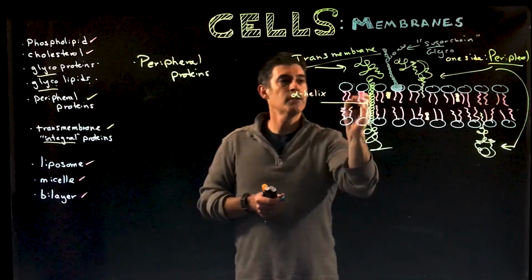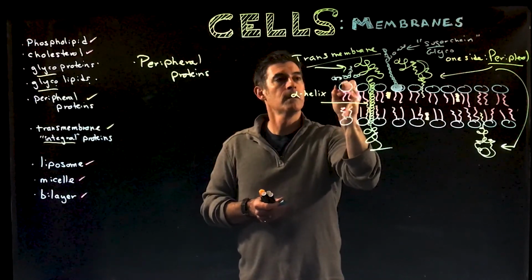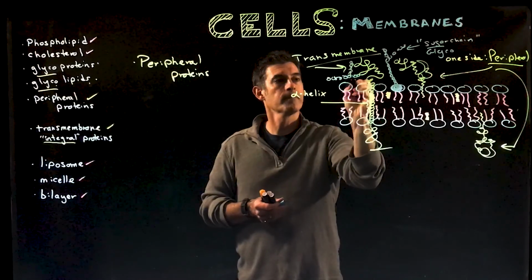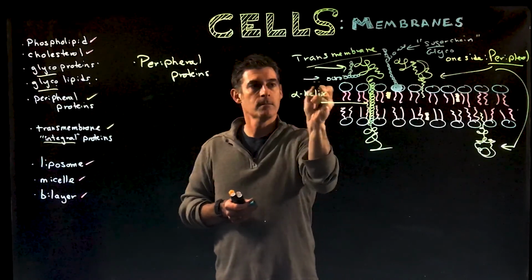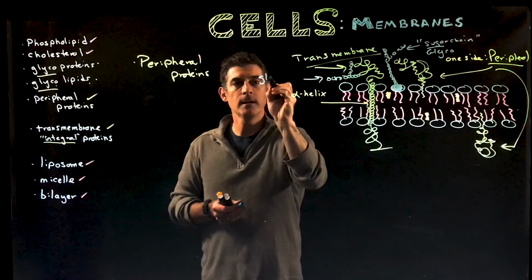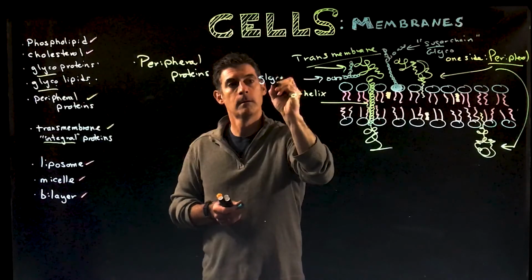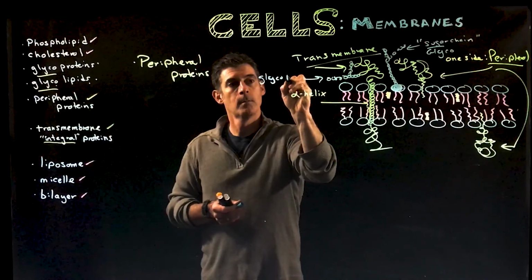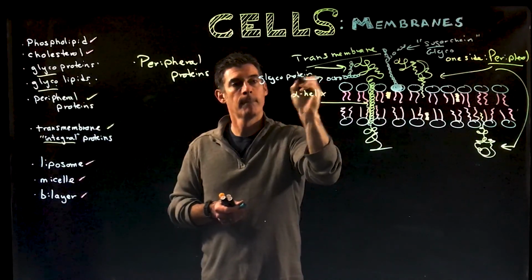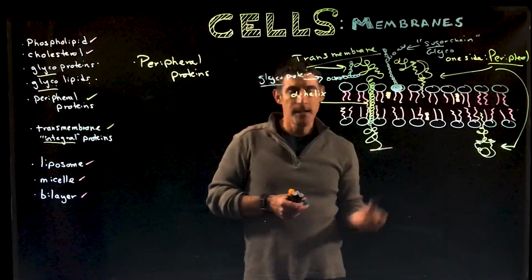We can also have a sugar chain, let's say, attached here to this protein. This sugar chain attached to a protein is now a glycoprotein. So the glyco is the sugar chain that's attached.